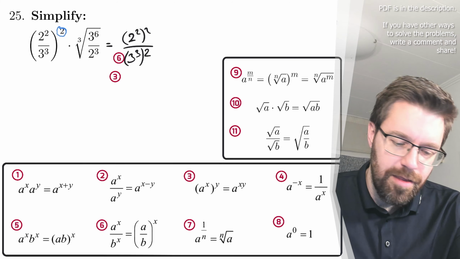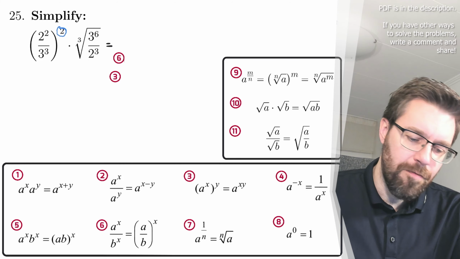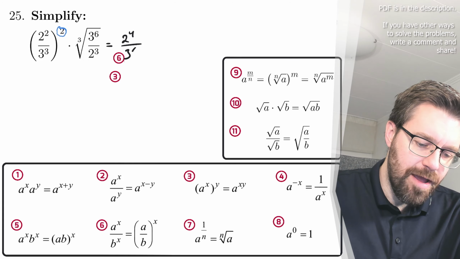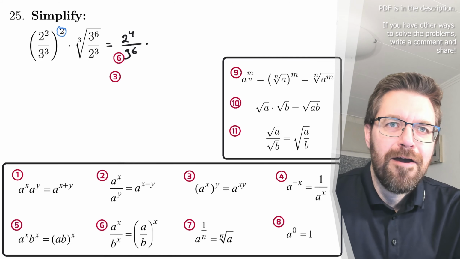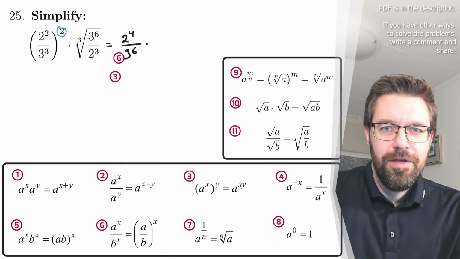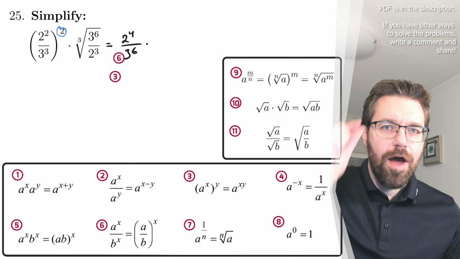So I write this instead here. Okay, so 2 raised by 4 divided by 3 raised by 6. The next factor, I always change the cube root to a power with the exponent 1 over 3.